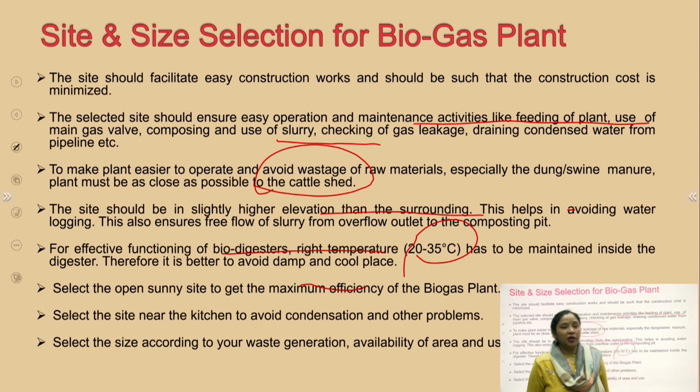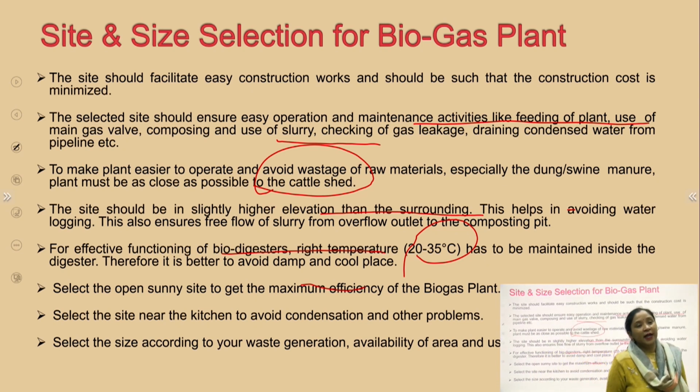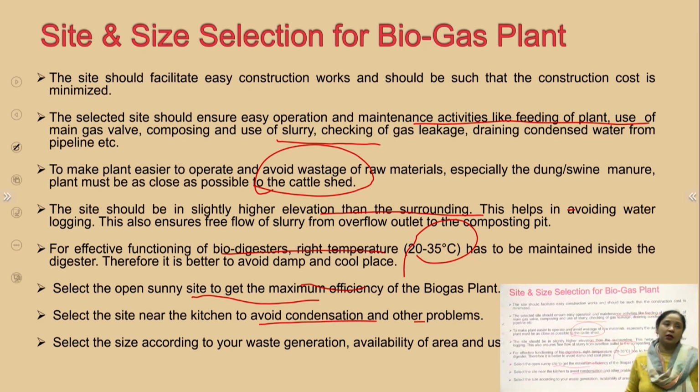So it is better to avoid damp and cool places. It should be where proper sunlight is available, so that proper fermentation takes place. Select the site near the kitchen to avoid condensation and other problems.